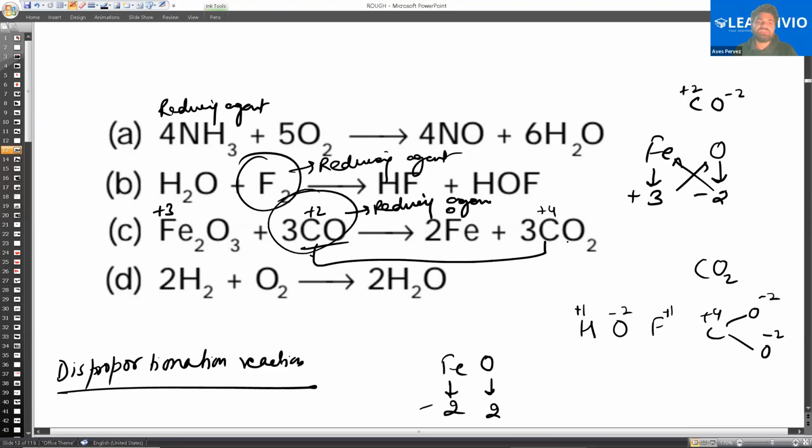What is the addition of oxygen called? Oxidation. And the substance that is getting oxidized is considered to be a reducing agent. उसको reducing agent कहते हैं. Opposite होता है ना ये agent में. हाँ. तो बस that's all.